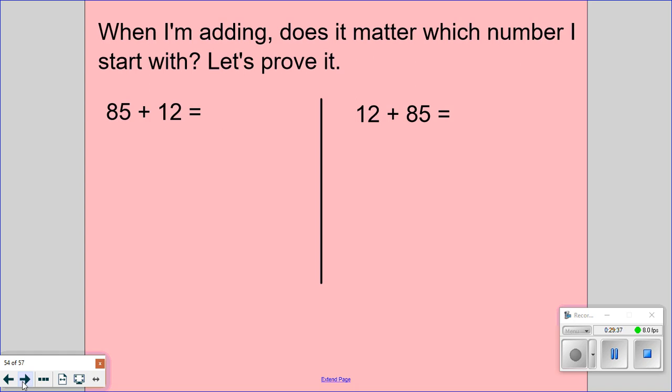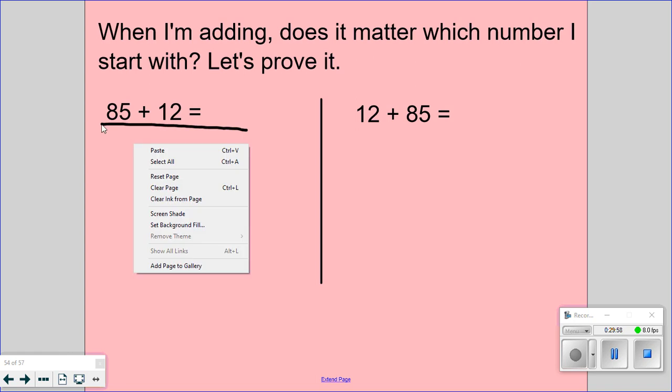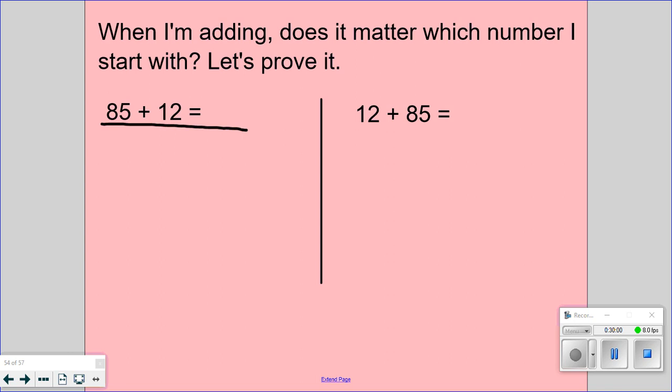If you sit at tables 1, 2, 3, 4, I want you to write 85 plus 12 equals spot saver. John, you're writing this equation. Because if you sit at tables 5, 6, 7, we're going to switch it and do 12 plus 85 and see what you guys get.